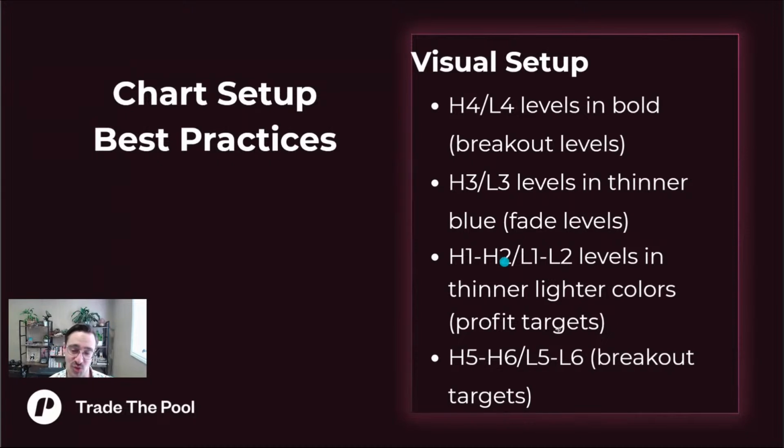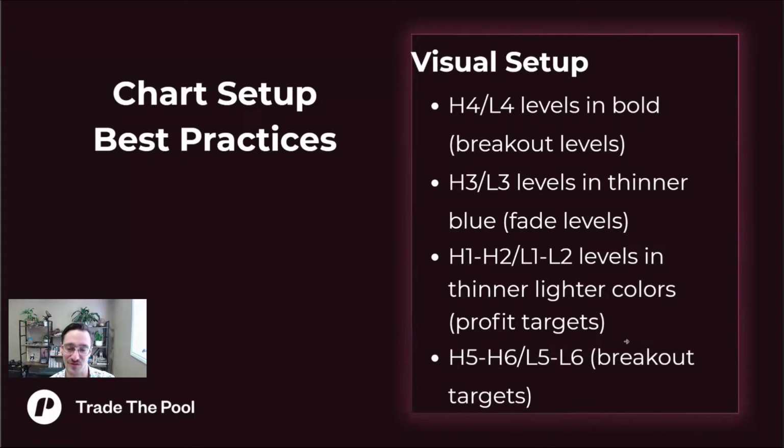But then I have my H1 and my H2, and then my L1, L2s. These are going to be really close to the point of control on the daily chart, intraday chart. So they're just going to be really close to that pivot, and you'll see them tag very often, but there's not really that many good setups you can take off of these.